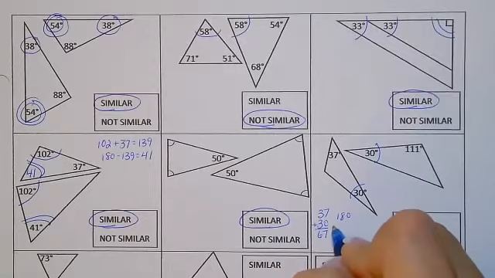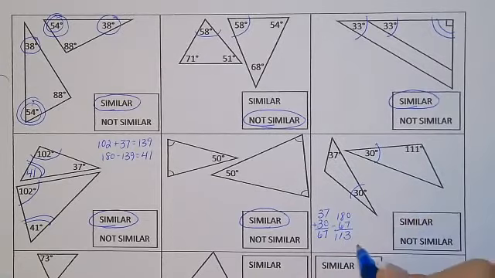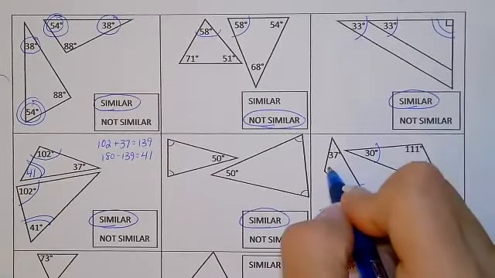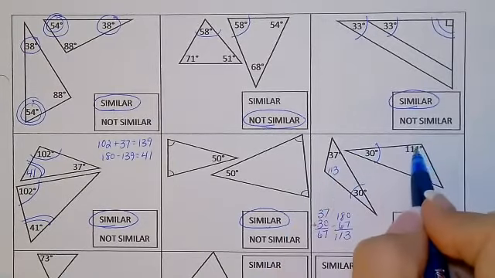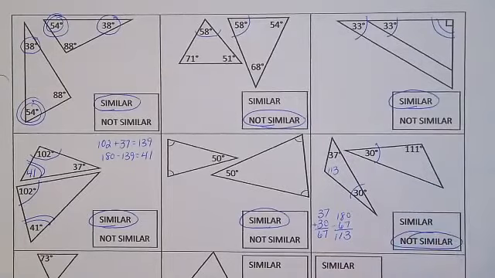And then I'm going to subtract it from 180. And I get 113. So that is 113. So these do not have two congruent angles, not similar.